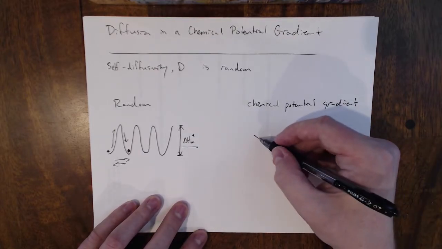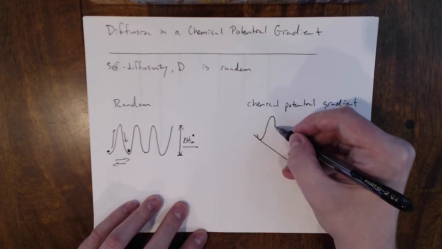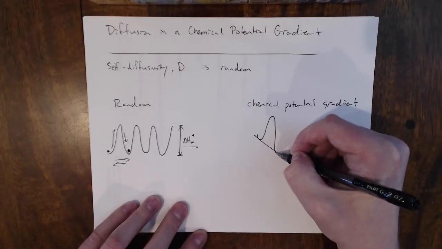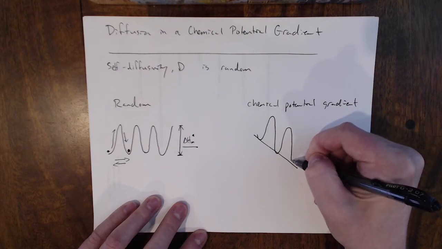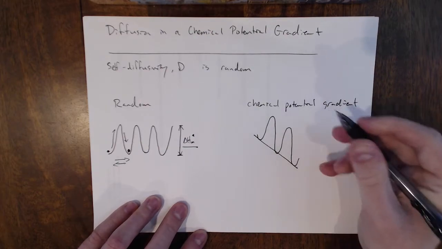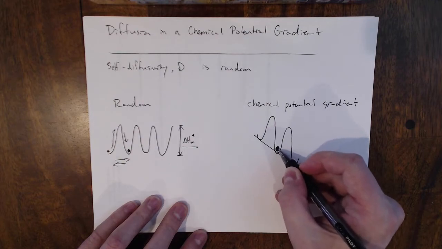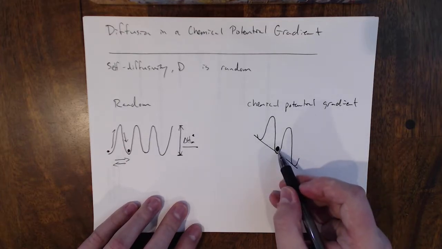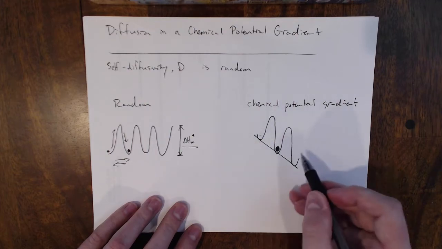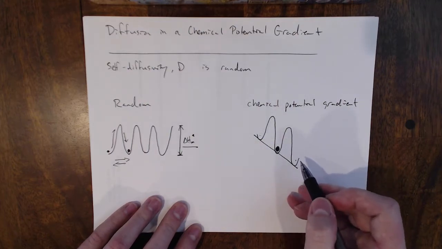I have a site here, and then a barrier, and then it goes down to the next site, and then up to the next barrier and comes down. Think about this right here as an atom, again in the energy well, at its equilibrium position. If it wants to go to another position, that's here or here. We're going to look at what happens in this case.